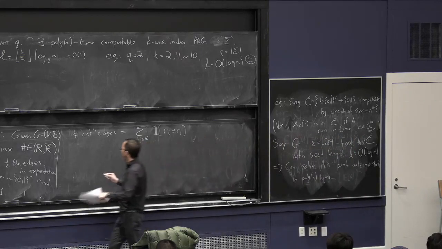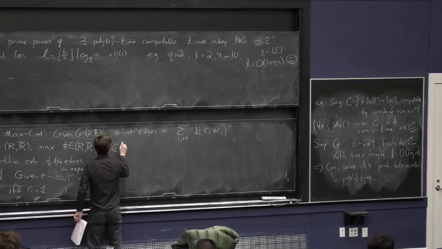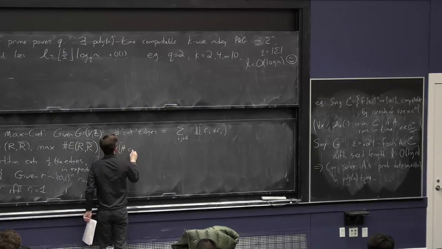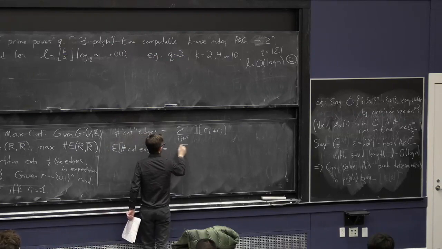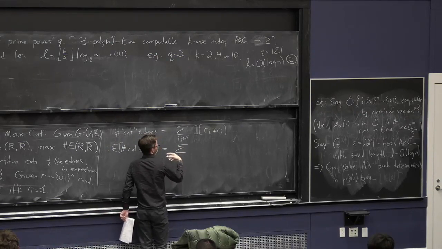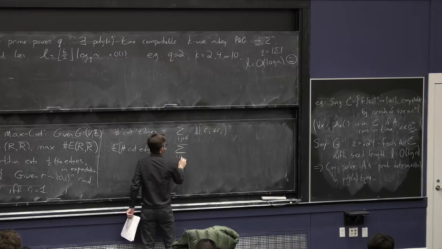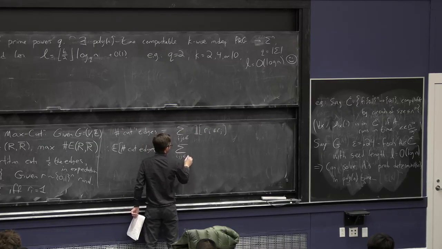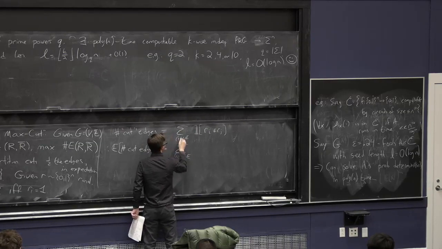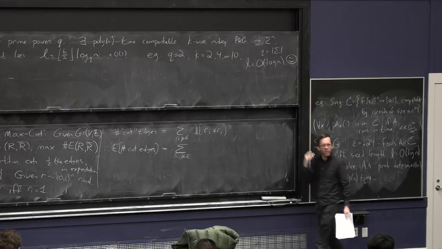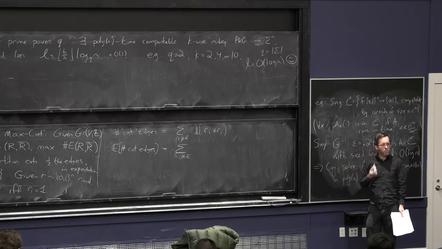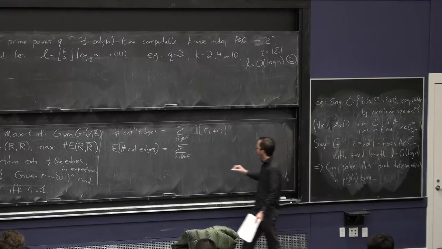Okay, so we can take the expectation on both sides. By linearity of expectation, which holds for all random situations, independent or not independent, we get the expectation of this indicator. The expectation of an indicator random variable is the probability of the event being indicated.